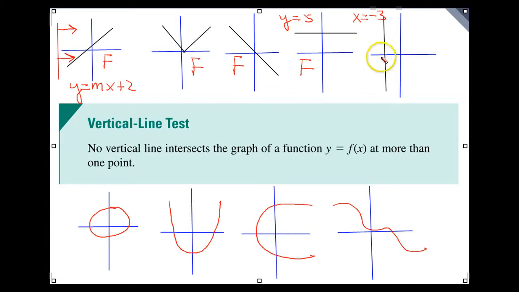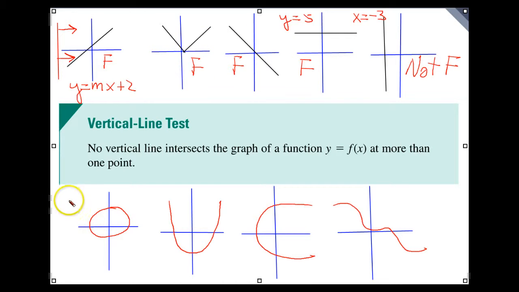Does this pass the vertical line test? And the answer is no. So it's not a function because it intersects an infinite number of places. Okay, so some good notes would be useful.